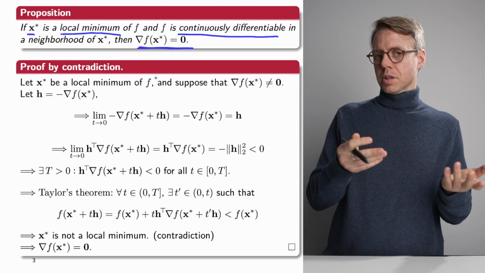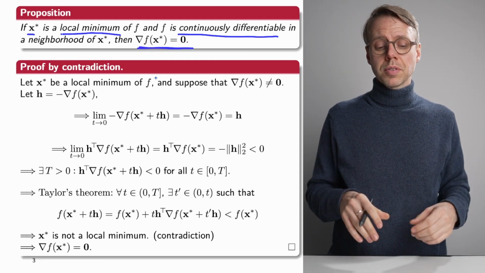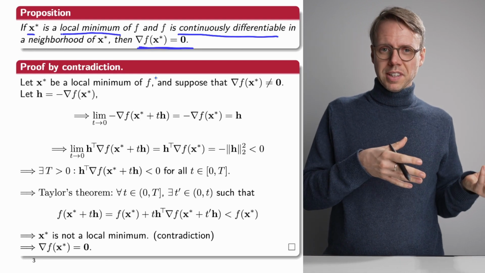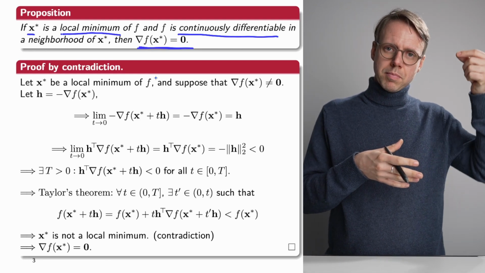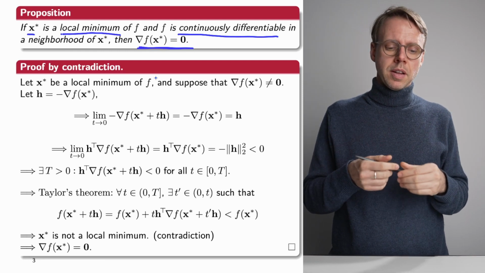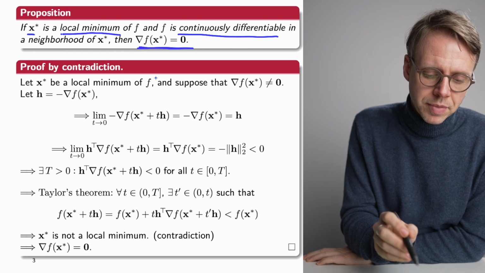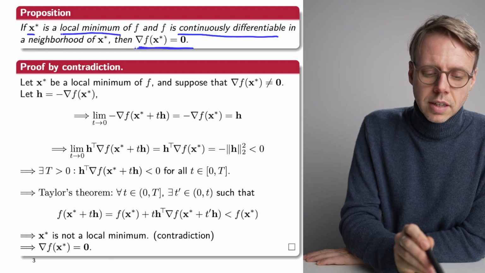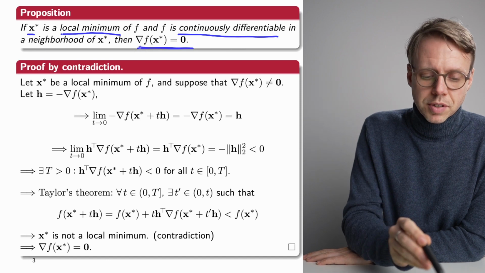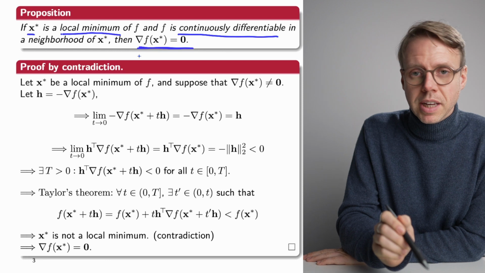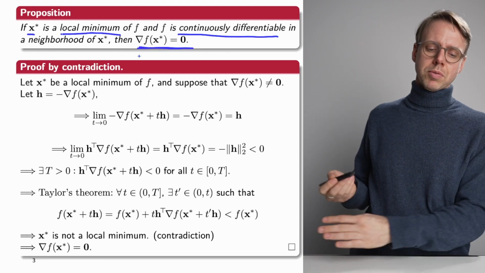So something that we intuitively should already know. If you remember from school, then the derivative at the maximum or at the minimum of a function is 0 if the function is differentiable. And here in the high-dimensional setting, not the derivative is 0, but all the partial derivatives are 0, meaning that the gradient vector equals 0.